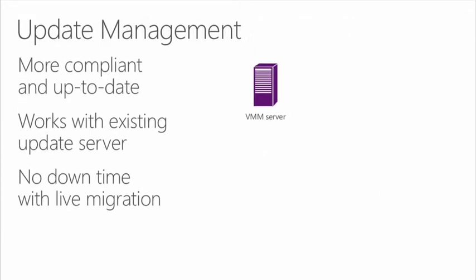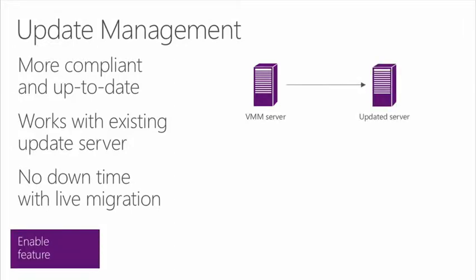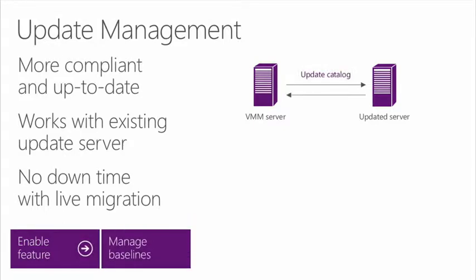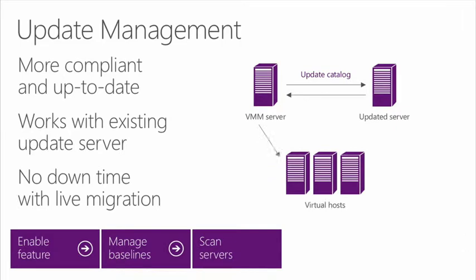So think about it this way. I have the VMM server, it talks to a WSUS server, and that's where I know which baselines are available to me. I create my baseline, and I set up which of these updates and patches are important to me, and I set them up as a baseline. Once I've set them up as a baseline, I then scan all the different individual servers.